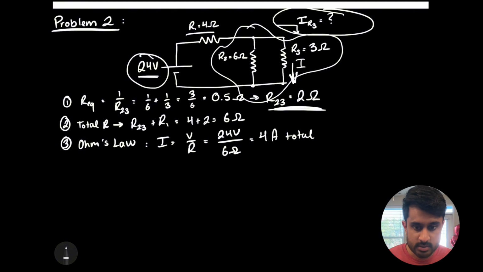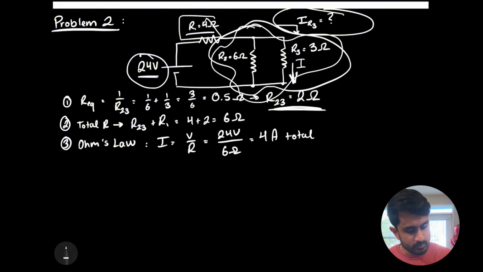What we know in this case is that the voltage across R3 is going to be equal to the voltage across the parallel branch, which is 24 volts, minus the voltage across this R1. So if we take this 24 volts minus the voltage drop across R1, we will get the total voltage drop across this entire parallel resistor network.